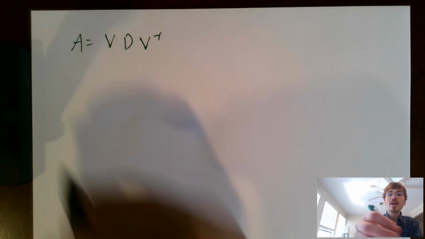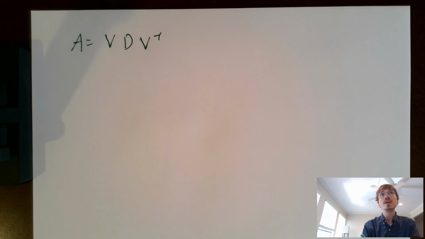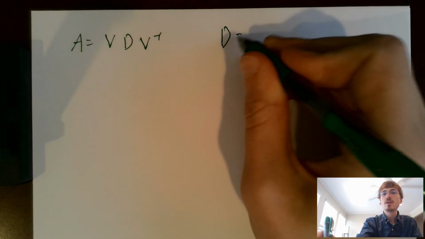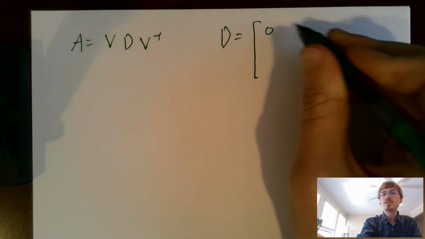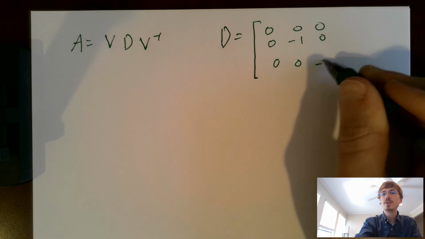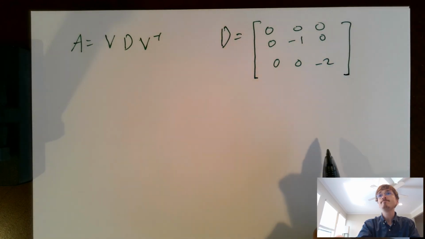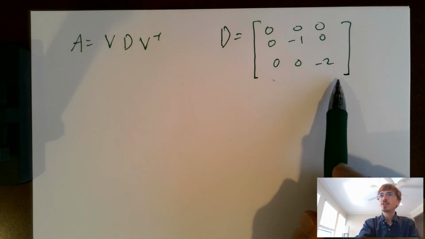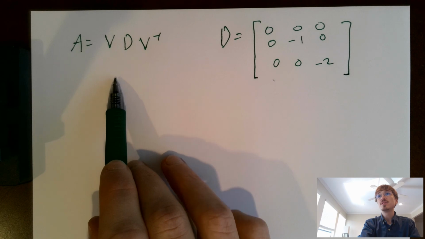So we have our three eigenvalues, 0, negative 1, negative 2. We know what D is, right? D has to be the matrix 0, 0, 0, 0, negative 1, 0, 0, 0, negative 2. We could actually reorder the diagonal, but now that we fixed the ordering of D, the ordering of V is fixed, it turns out.